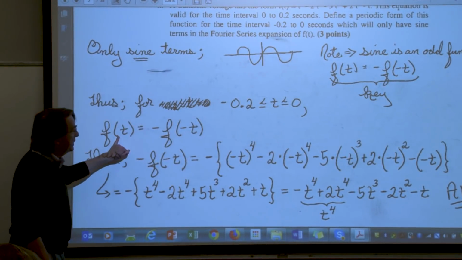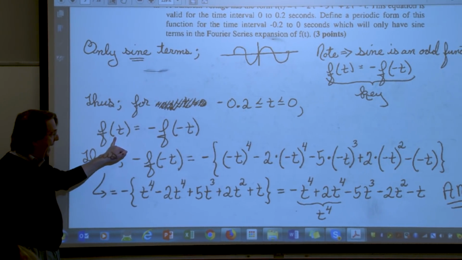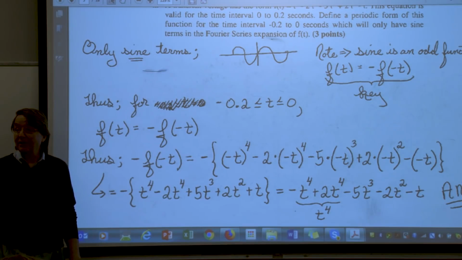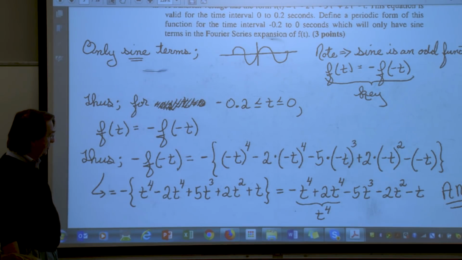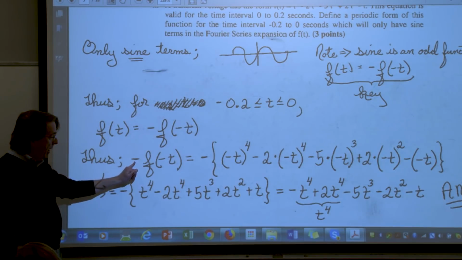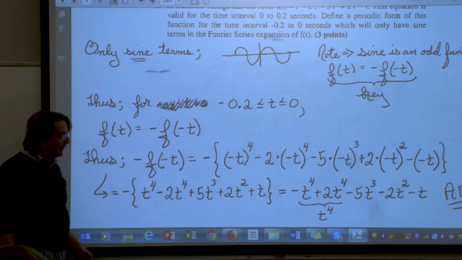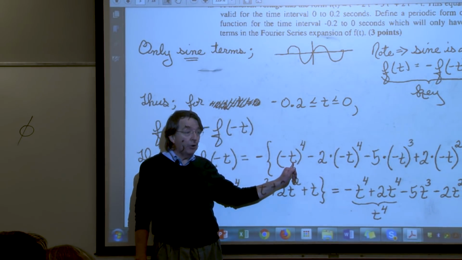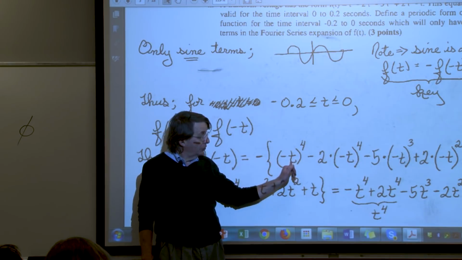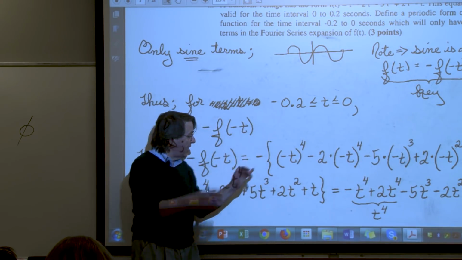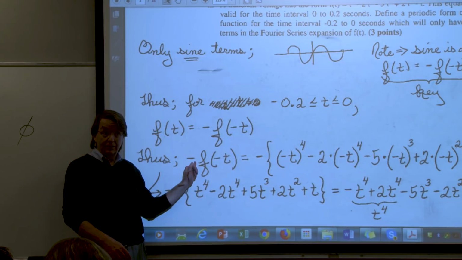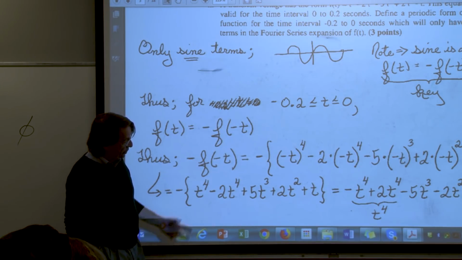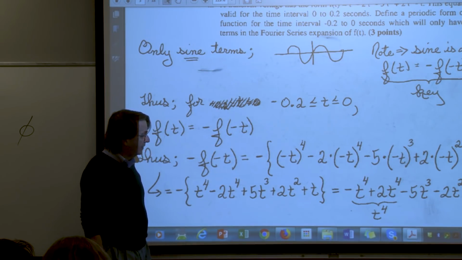Take the f of t and set it equal to minus f of minus t. Matt's nodding his head. Now, you just got to be careful. Wherever you see t, put in minus t. And then around the whole thing, exactly, Bree, put another minus sign. And then just go through it, and we're all set.